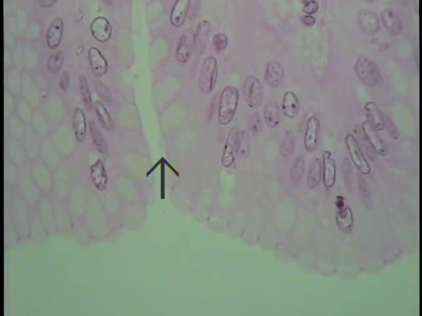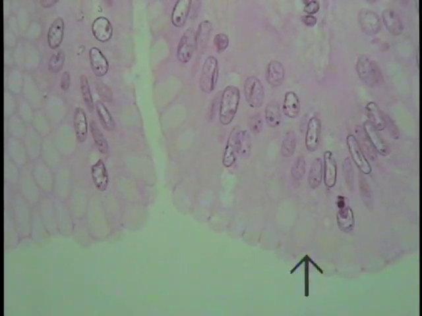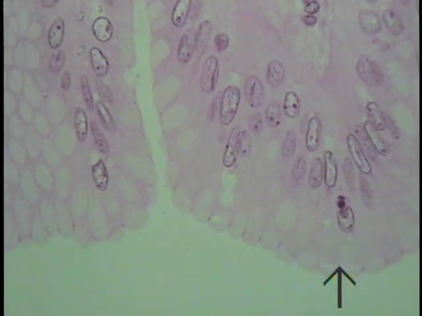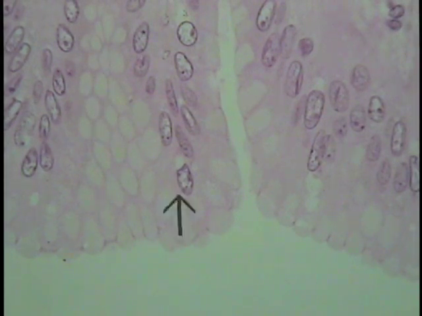If one envisions a section such as this, as indicated by the pointer, the cut coming through the tops of these cells, and then flipping it over and looking at it, this is the type of honeycombed appearance or field one would obtain.